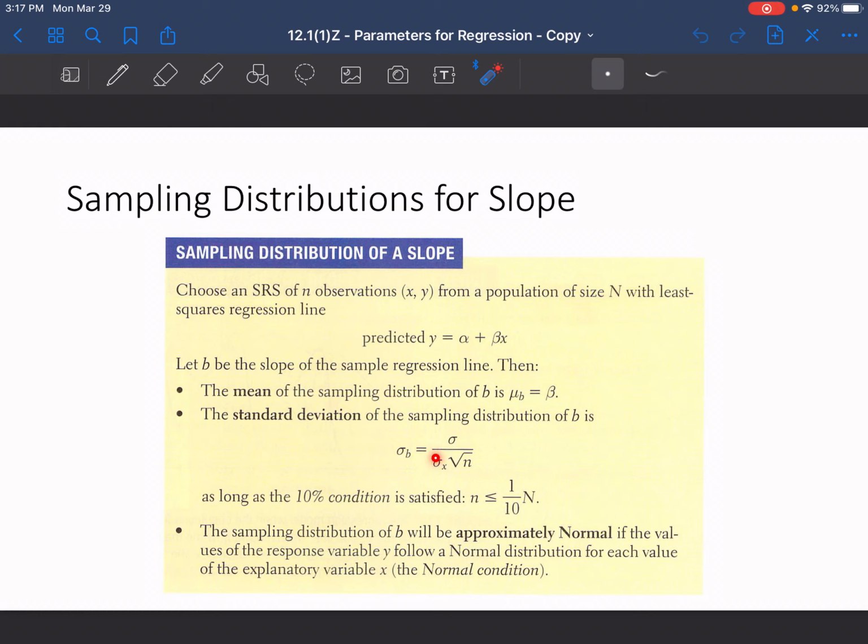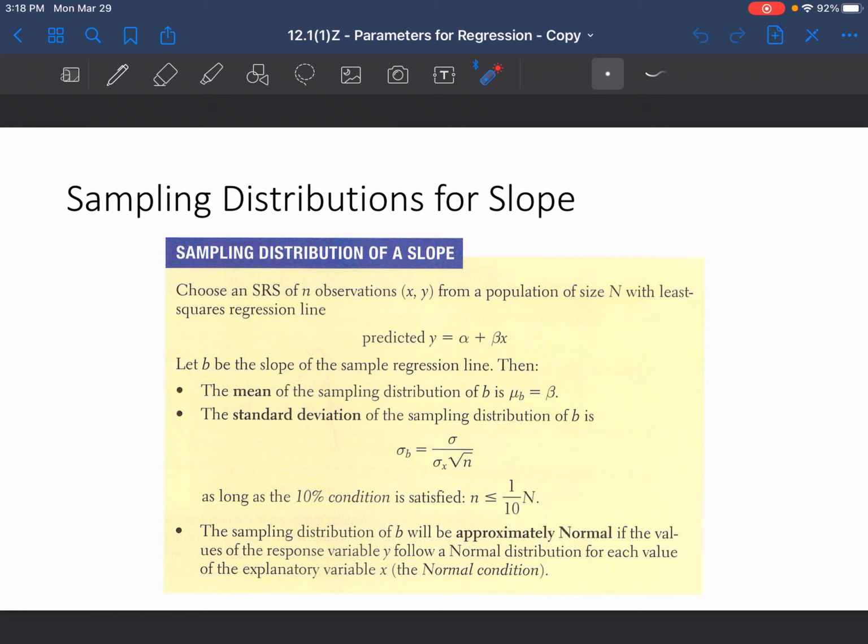Now, you would have to be given the population standard deviation in order to solve for the actual spread itself. If you're not given that population standard deviation, we'll go over how to solve for that in just a minute. But that's essentially, you're taking the sample standard deviation divided by the population standard deviation times the square root of the total number in the sample, basically.